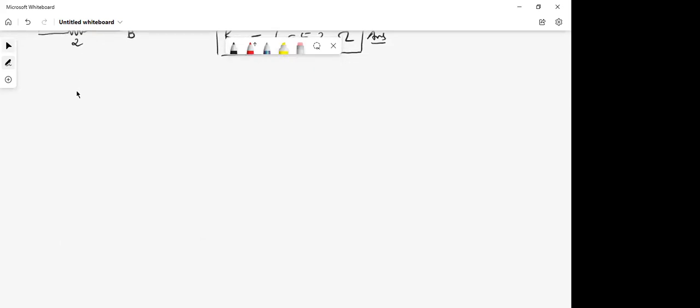I'll just give you a table where the electrical person and the electronics person make use of different symbols. So if the electrical person wants to show contact, they will make use of this.